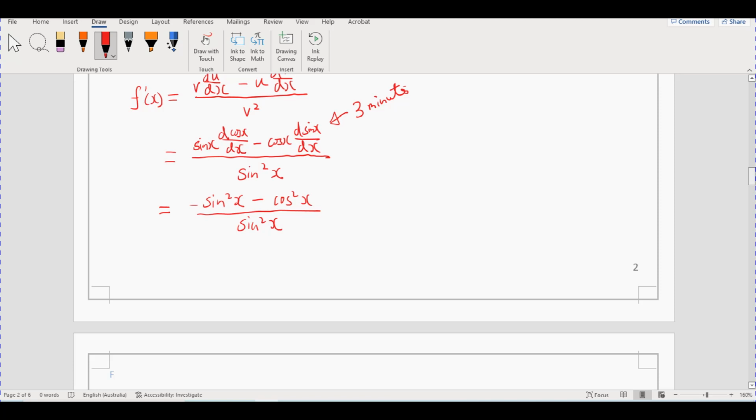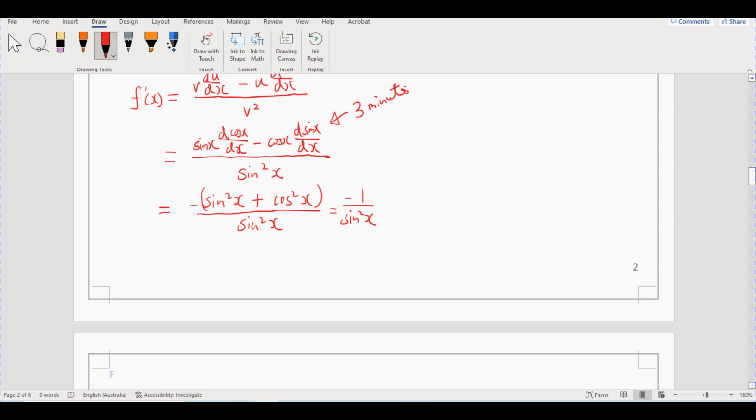Both are negative, so if I put that negative sign out with a bracket, it becomes minus bracket sine squared x plus cos squared x. We know that sine squared x plus cos squared x means 1, so it becomes minus 1 over sine squared x.